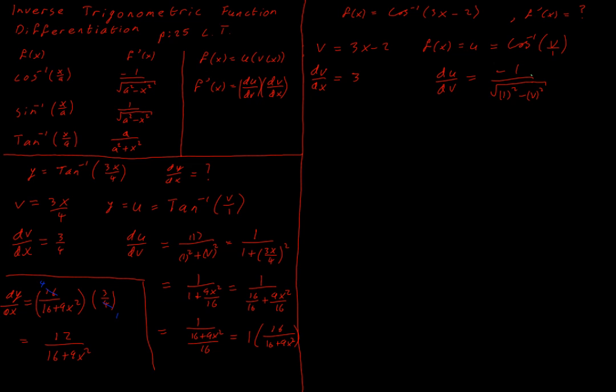Everything put in brackets so that we don't make any sign mistakes if they become important. Now, what's v? We want it in terms of x. So we have minus 1 all over square root of 1 squared, which is just 1, minus 3x minus 2, all to be squared. We need to square out this bracket.